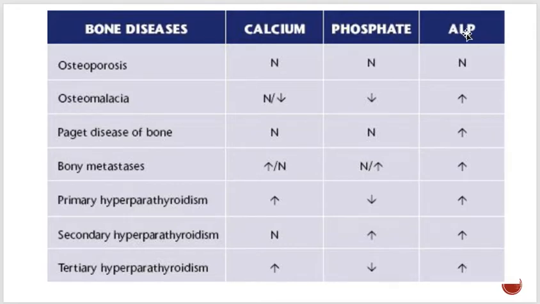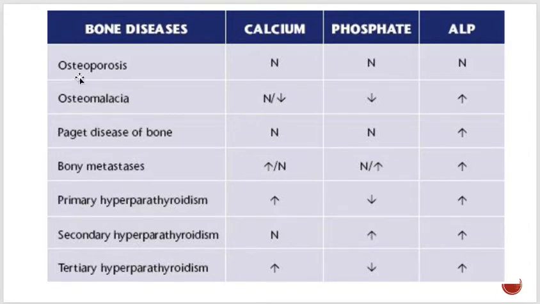So the important thing is that whenever this ALP is increased, it points towards some bone problem going on. If the liver tests are normal, in that case, of course, it will point towards the bone condition.